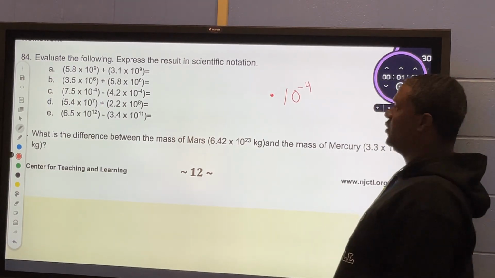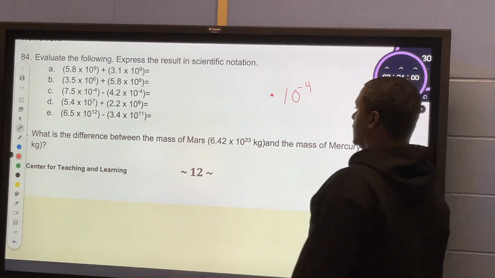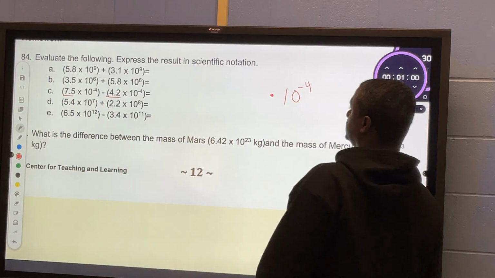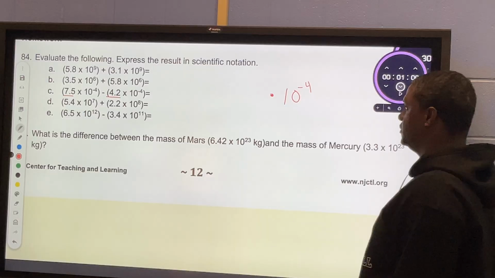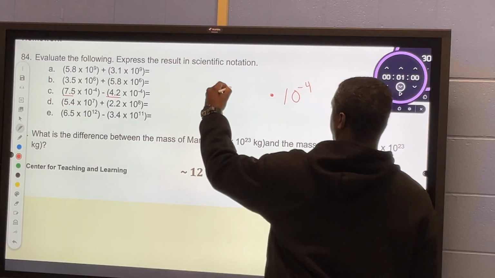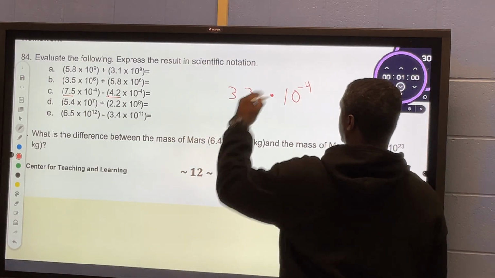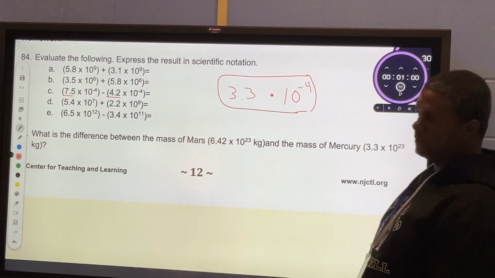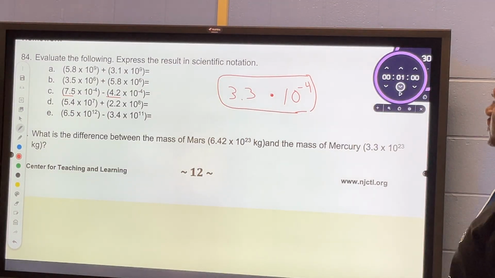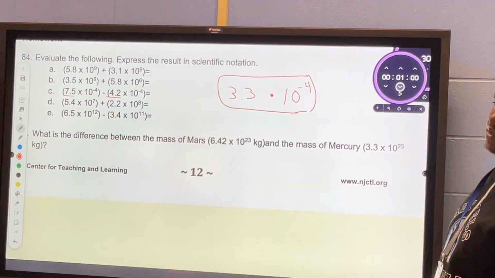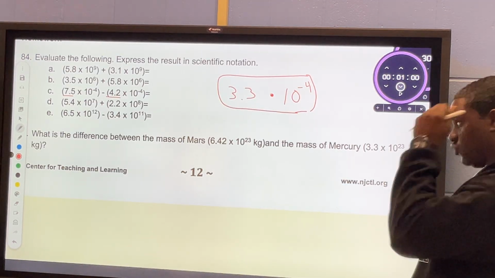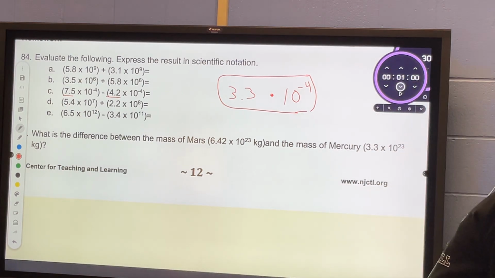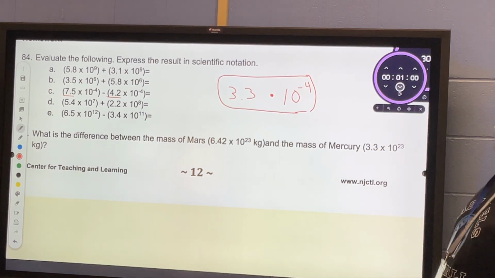What do I need to do now? Subtract my coefficients. That gives me 3.3. Final answer, after you check that the coefficient is less than 10 but greater than or equal to 1. Got it?